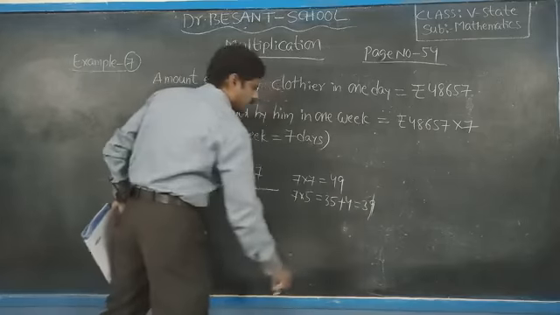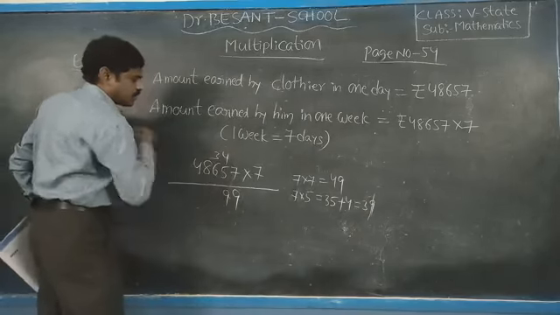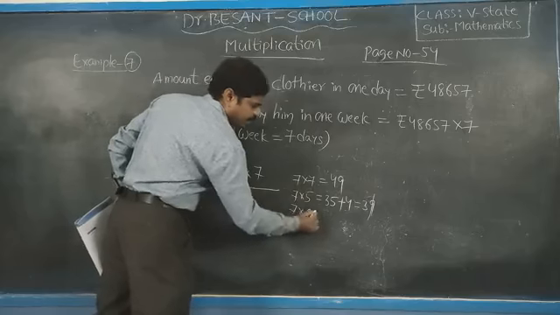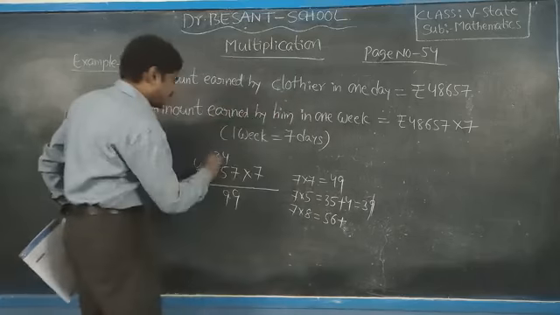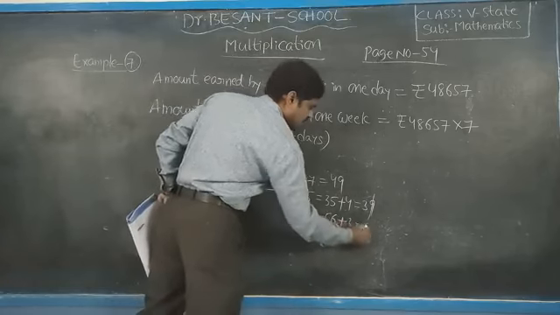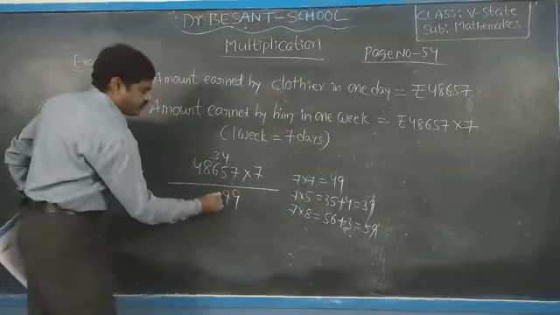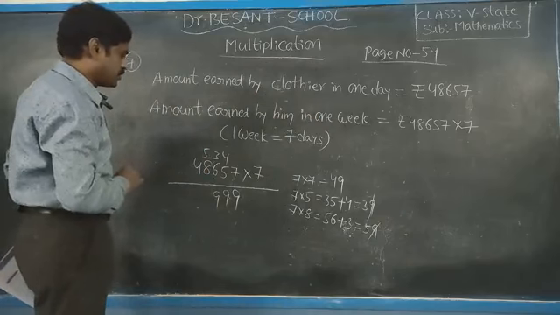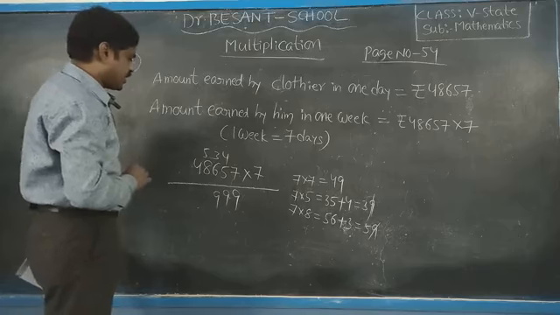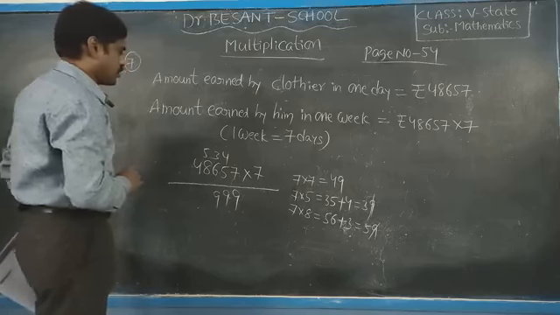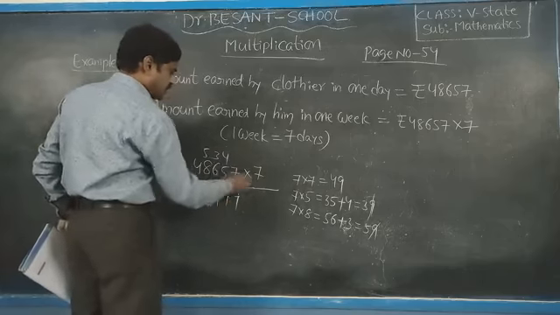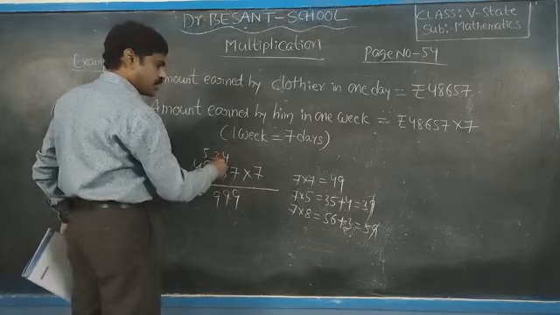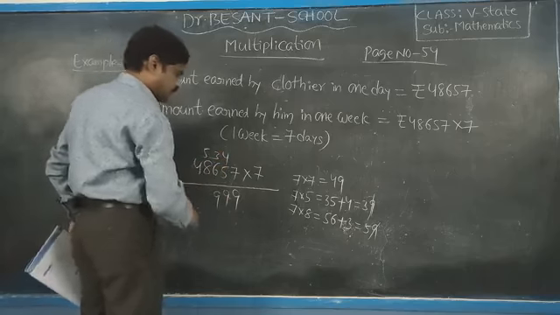So next, 7 into 8 is 56. 56 plus 3, 59. Next 7, okay, just a minute.